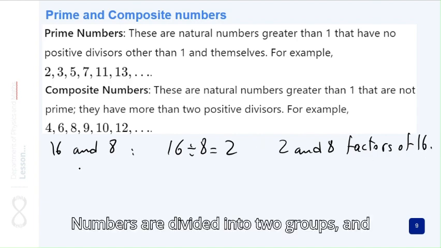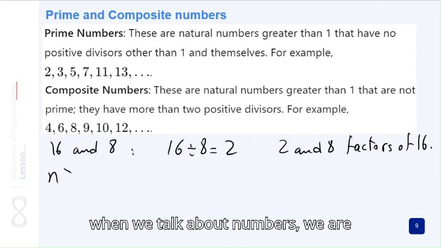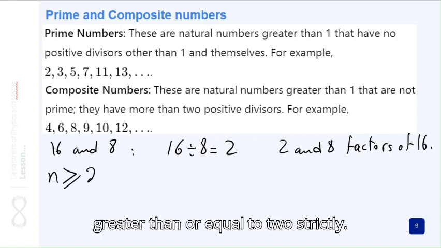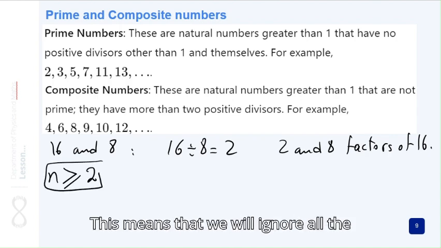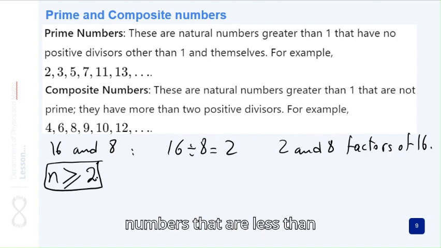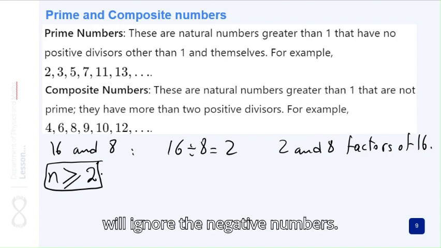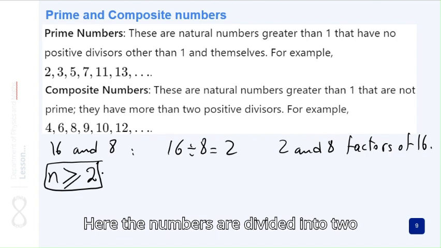numbers are divided into 2 groups, and when we talk about numbers, we are talking about the numbers that are greater than or equal to 2 strictly. This means that we will ignore all the numbers that are less than 2, 1 and before, and we will ignore the negative numbers. Here, the numbers are divided into 2 groups.